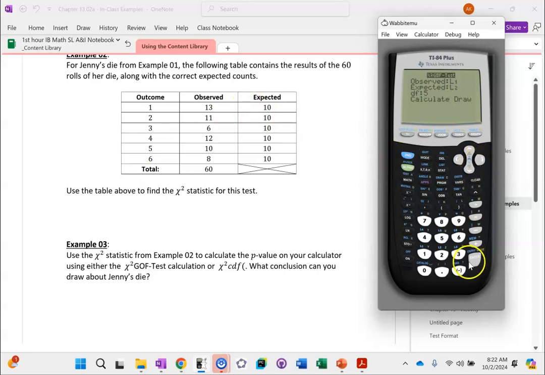All right, and I'll hit calculate. And there's the same chi-squared value that we calculated with the table. And look at that p-value. That's a big beefy boy right there. So I would compare this p-value to, or it says just calculate the p-value.